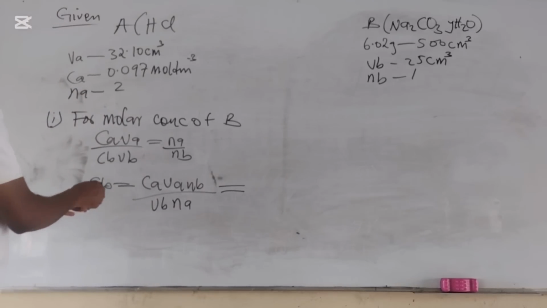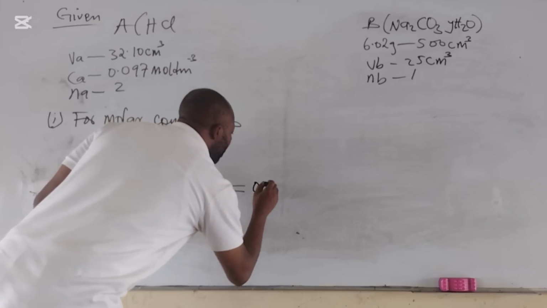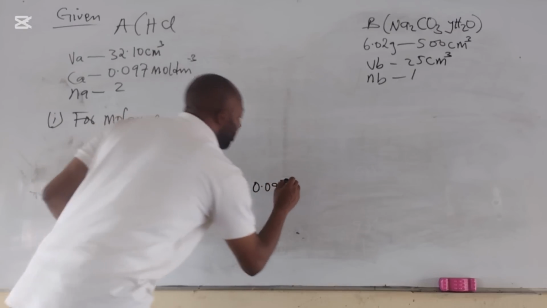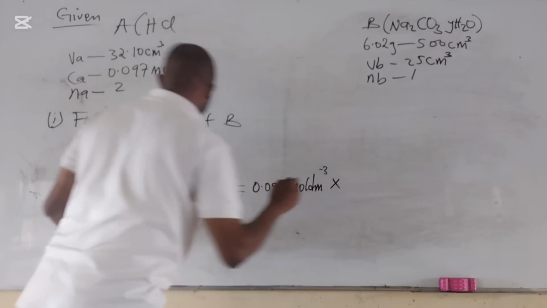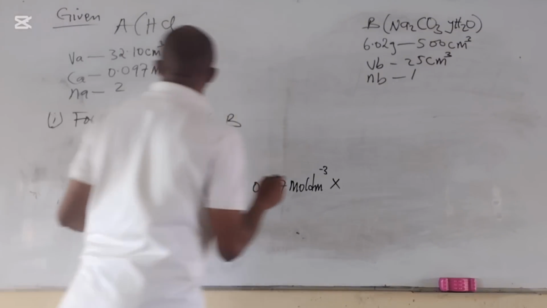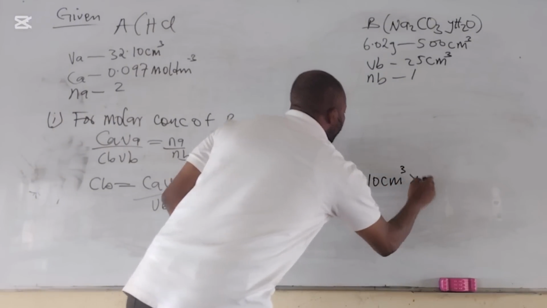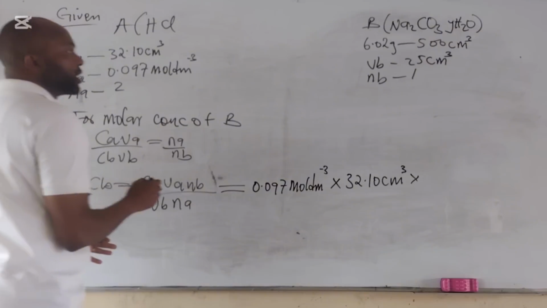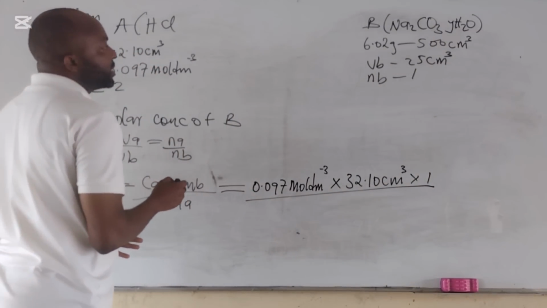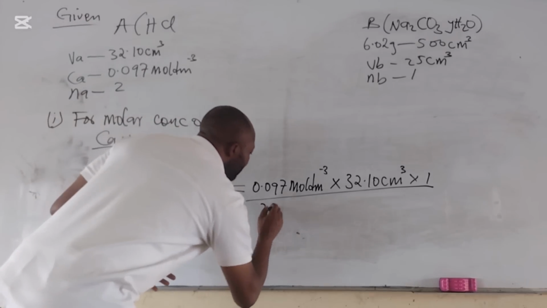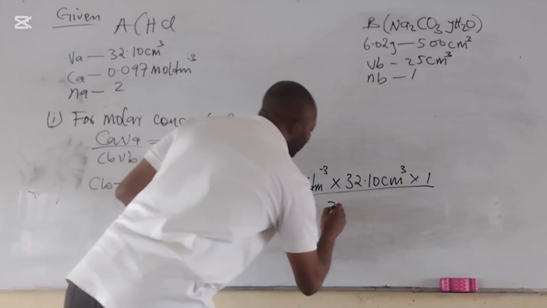CA is 0.097 mole per dm³, times the volume of the acid, 32.10 cm³, times the number of moles of the base, which is 1. The volume of the base is 25 cm³, times the number of moles of acid, which is 2.